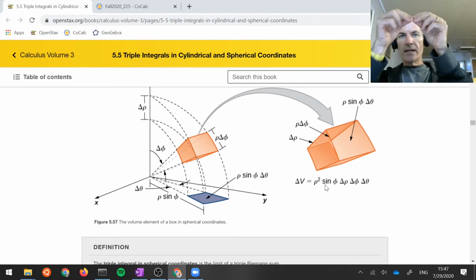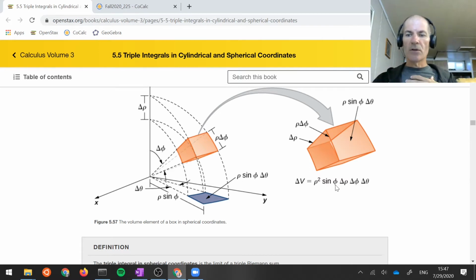So as we get close to the South Pole, phi gets close to pi, and this factor of sine of phi gets close to 0, and so it's scaling this volume properly as it goes towards the South Pole, as it gets pinched and made small. So that's a heuristic argument for why this factor is the way it is.